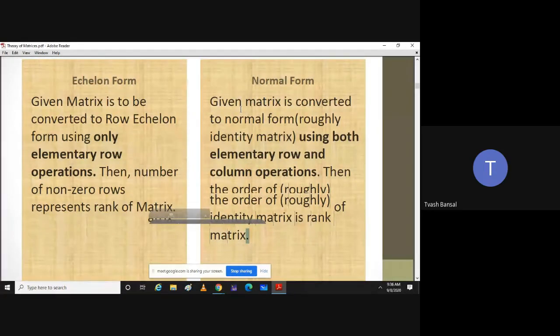Am I audible, sir? The normal forms tabular data is not clear. It is like mixed. Yeah, I too observed it.